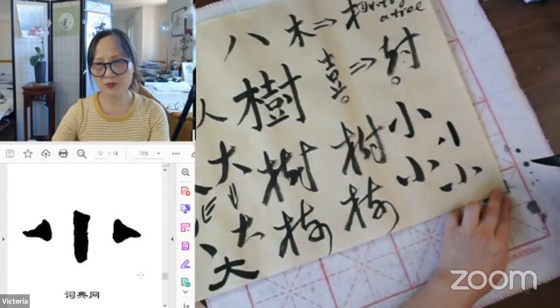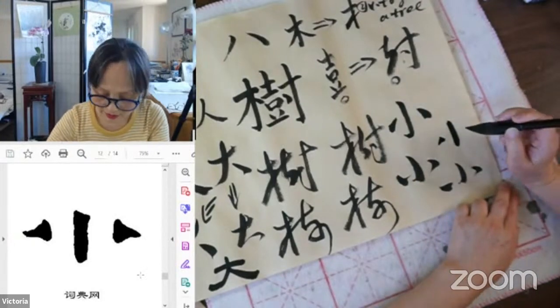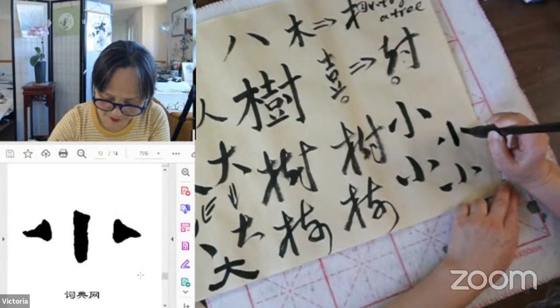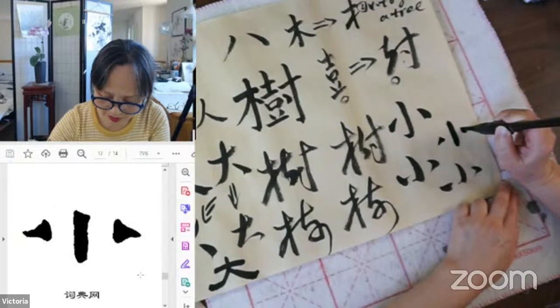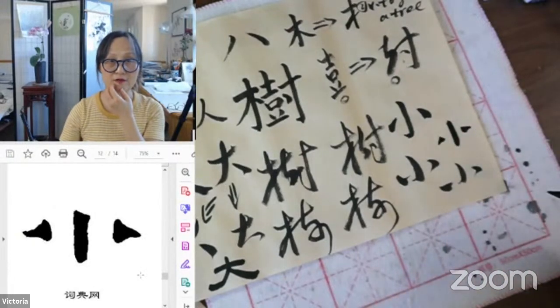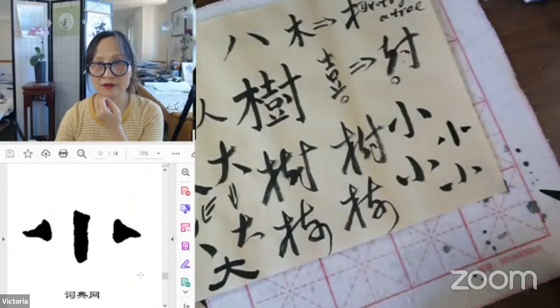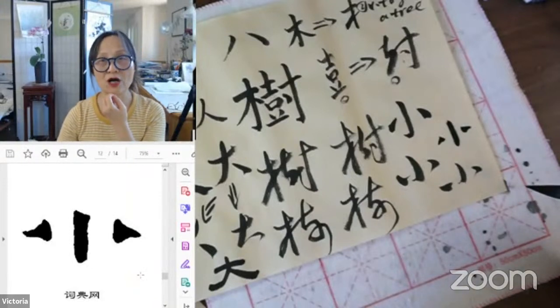Is that less beautiful than the raindrop? Well, it depends. But I think this is a kind of beauty. Very beautiful. Press, slowly move down, lift. That's the way to do the clerical style for the dot. Two triangles, more triangle-like, instead of the raindrop, right?